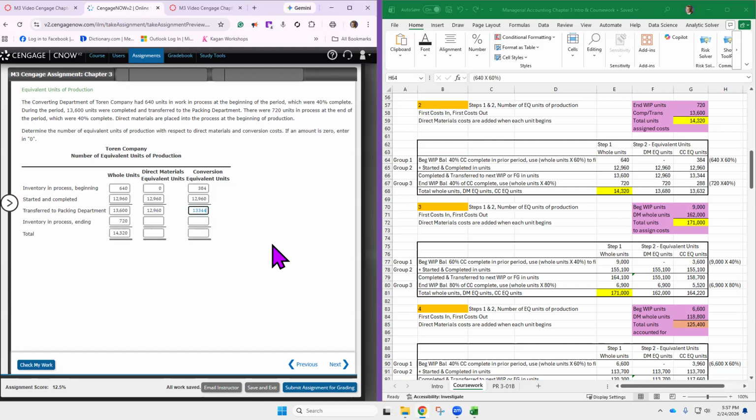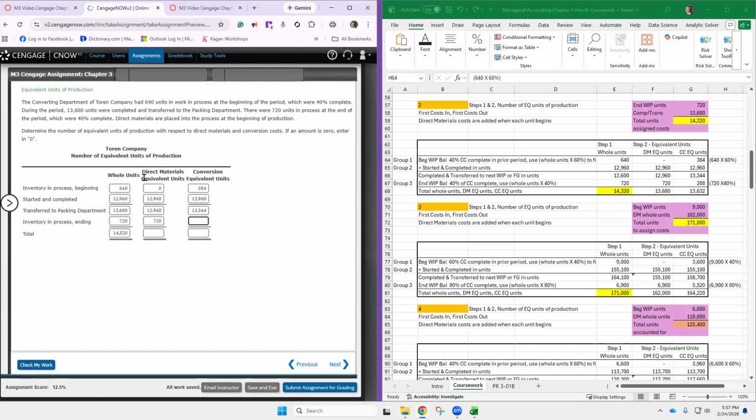Group 3 is the ending WIP. They're saying there's 720 units and they are 40% complete. So all of them, we had to put the direct materials in, all of them, for the month. And then this is going to be the whole number times the percent complete.